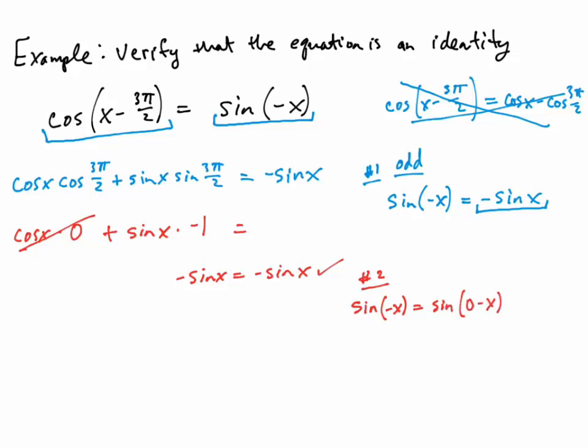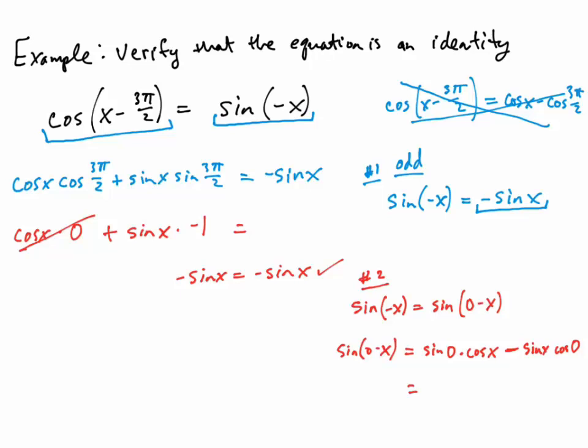I can turn that into a difference of 0 minus x. Well, to evaluate sine of 0 minus x, we say sine of the first times cosine of the second. Sine, the operator stays the same, and then we have sine of the second, cosine of the first.